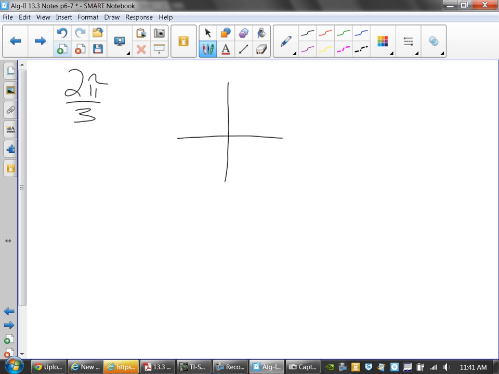So that means it's quadrant 2. So there's 2 pi over 3. What's the reference angle? The reference angle here is pi over 3. You've got pi over 3 left to get to the 180, or think of it in terms of pi.